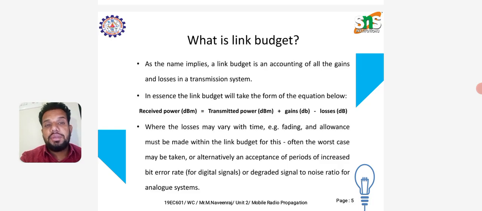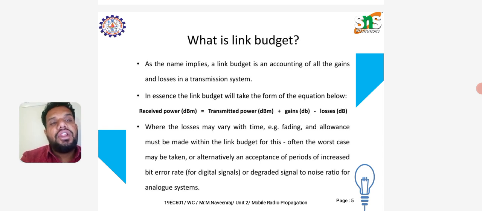Without this link budget, if you design the system, you will not meet the requirements of the designers. In essence, the link budget takes the form of the equation below: the received power in dB is equal to the transmitted power plus gain minus losses. Whatever losses you have are subtracted from your transmitted power plus gain value.